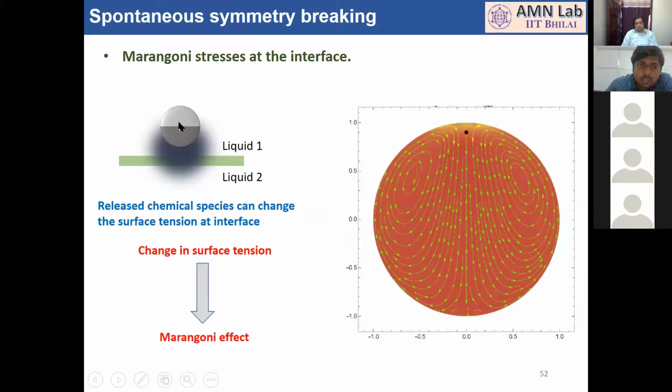When you put the nanomotor at the interface, and there is an interface in this experiment, if you remember, with water on one side and oil on the other, the produced chemical can change the surface tension near the interface. And if you change the surface tension, you can produce Marangoni flows, or Marangoni stress.